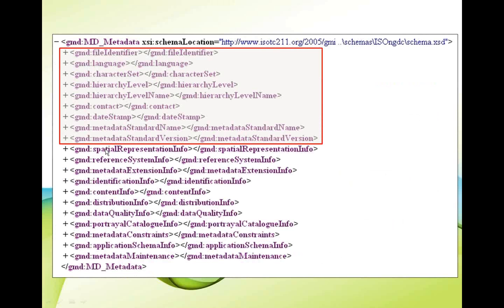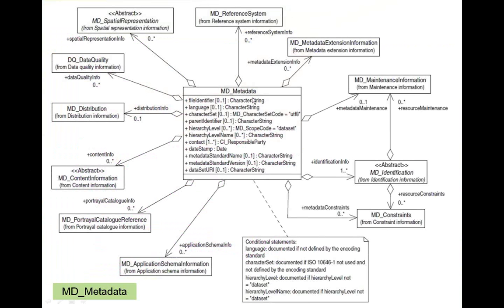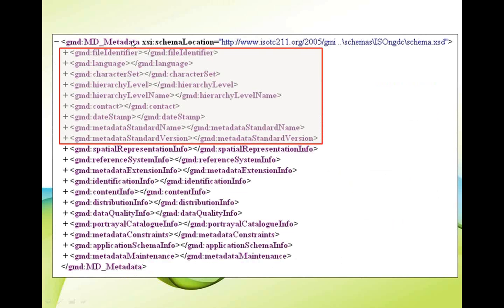And then these are some of the main packages, or main sections, and they are at the same level because they are inside of this container. So we see MD_metadata contains reference system info, metadata extension, metadata maintenance, and identification info. If we look over here, MD_metadata contains these main sections.